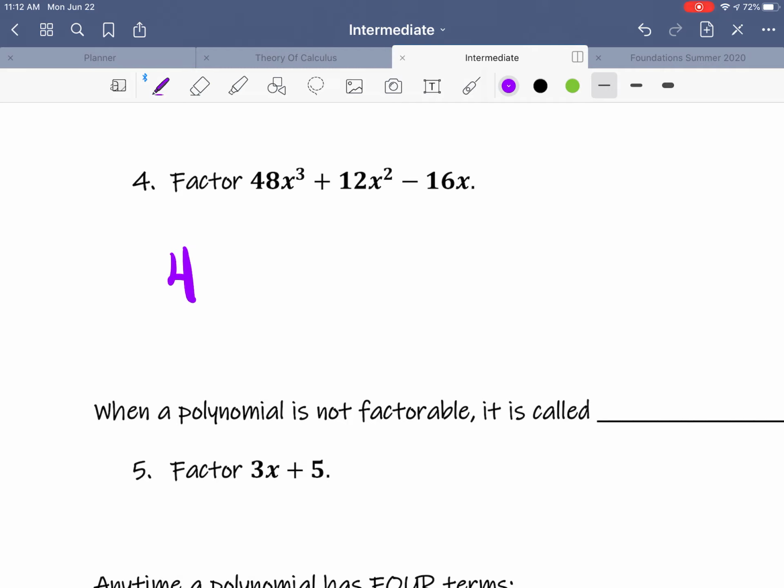Now, do they all share anything else? Do you see anything else they might have in common? Yes, indeed. They all have a variable. They all have x. What is the largest x they have in common? So if you're having trouble seeing that, you could expand these out.